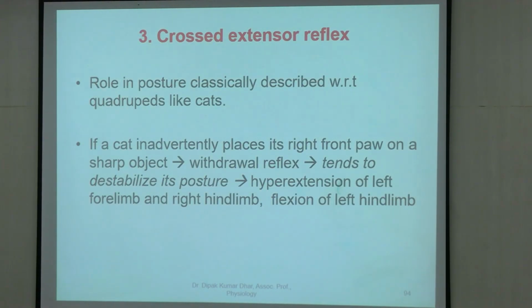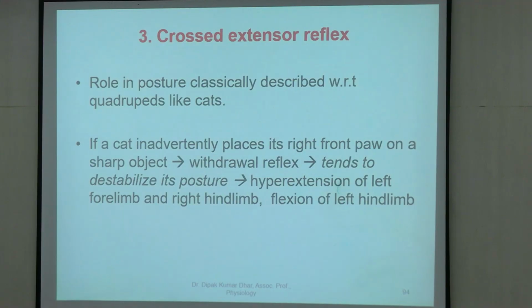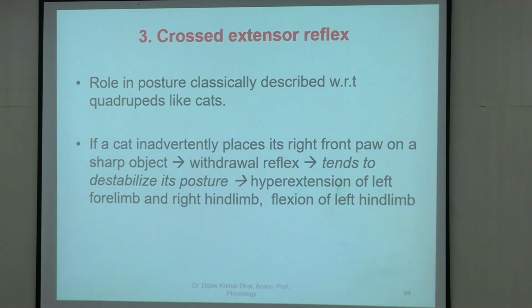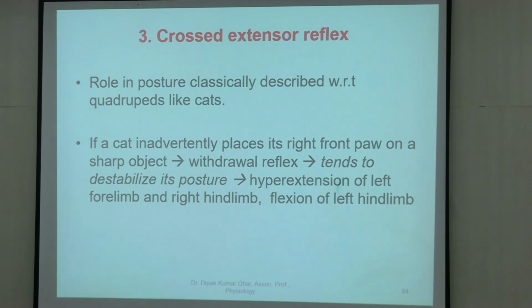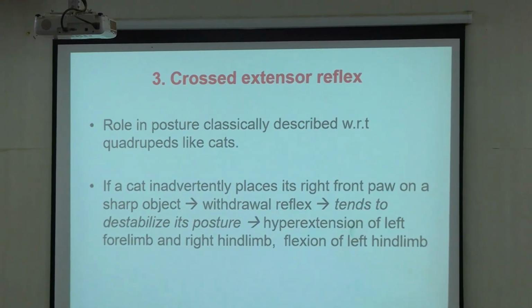From the posture maintenance point of view, the crossed extensor reflex of the lower limbs is important, and specifically these things were studied in cats, right? So when a cat puts a paw on a pointed object, a flexor withdrawal is expected. This destabilizes the posture of the cat.